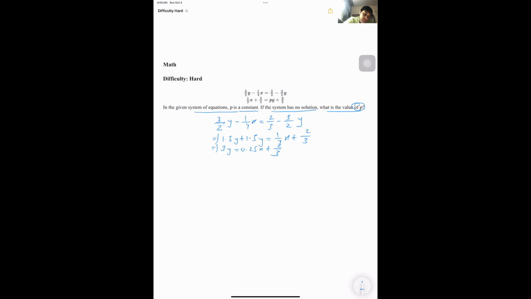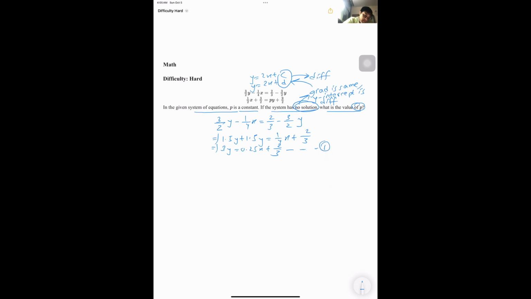When it has no solution, the gradient is the same and the y-intercept is different, like y equal to 2x + c, or y equal to 2x + d. These are different. So that is one equation.